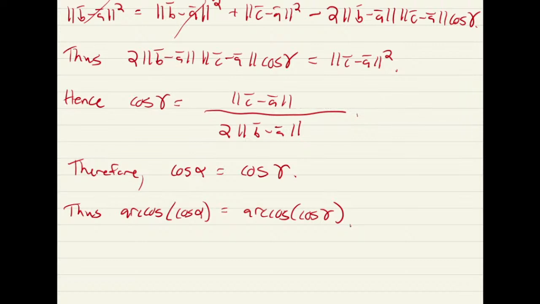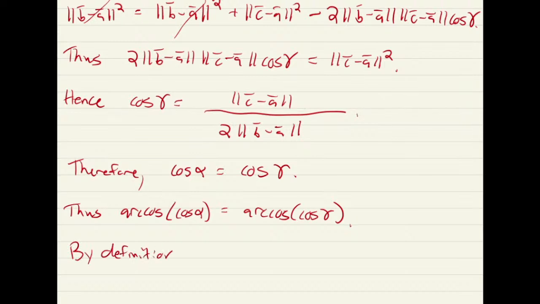And then now we have to ask ourselves, do arc cosine and cosine cancel out? And in general, not always. But if the angle, alpha or gamma in this case, is between 0 and pi, then it will cancel. Things will cancel out. So here's where definition comes in.